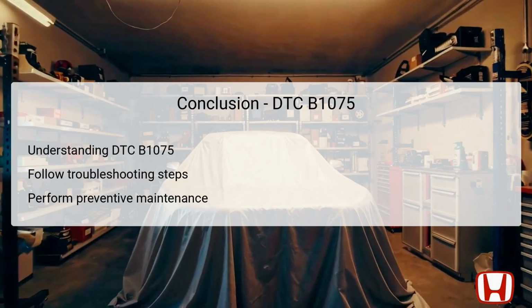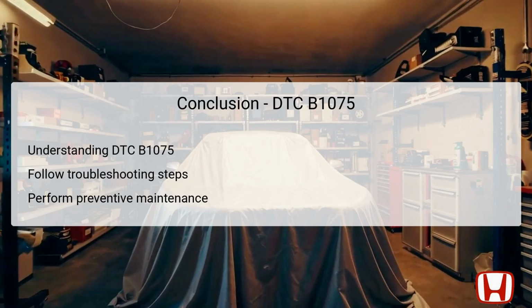In conclusion, DTC B1075 is a critical diagnostic code that indicates a malfunction with the headlight switch in the 2017 to 2023 Honda Accord. Understanding its implications and following the outlined troubleshooting steps is essential for diagnosing and rectifying the issue effectively.